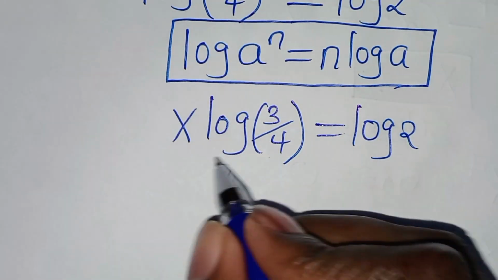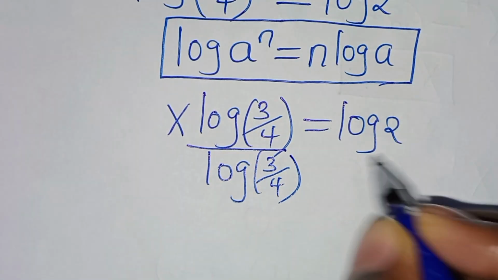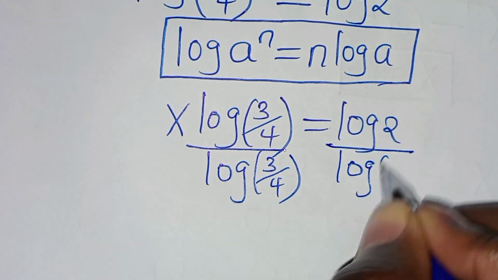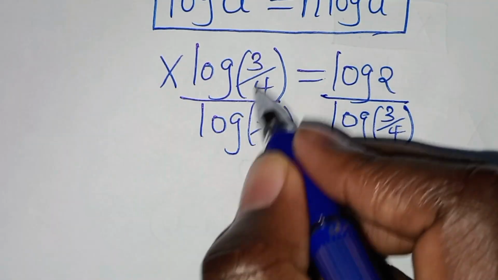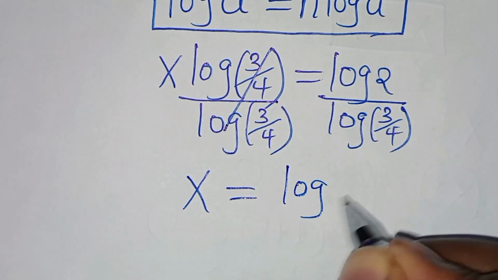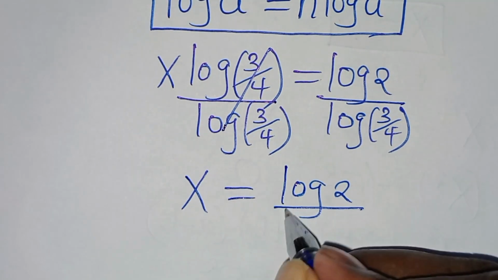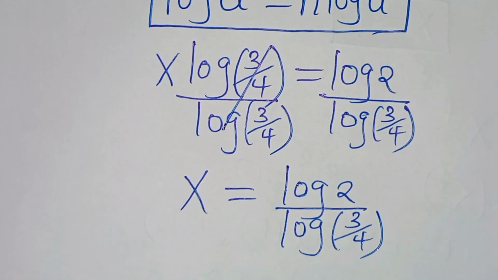So let's divide both sides by log 3 over 4, so that x is equal to log 2 divided by log 3 over 4.